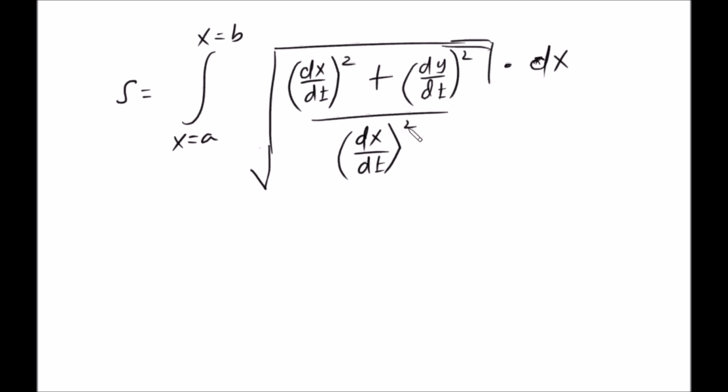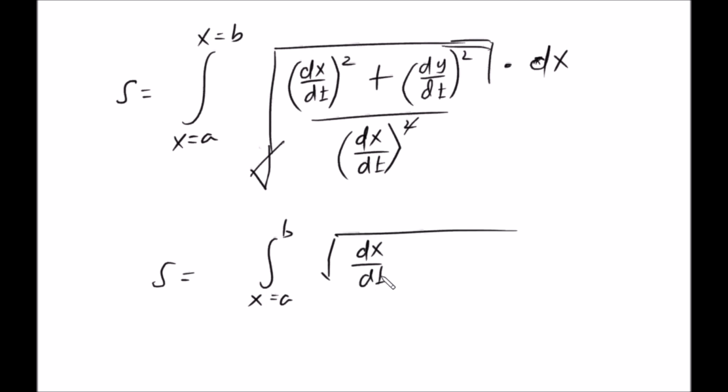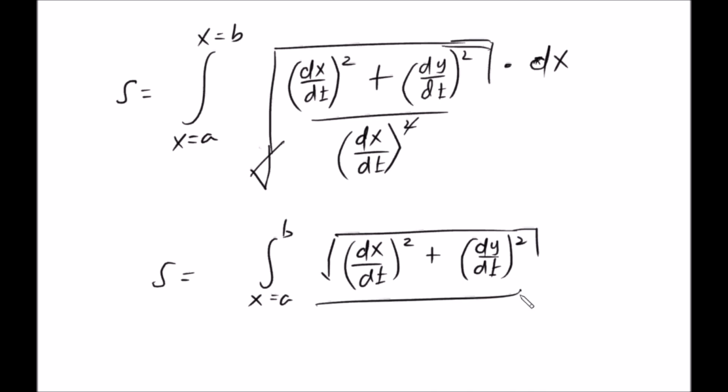Sasa umeona hii chini si square, manake square root ya square ni yenyewe. Kwa hiyo square root itabaki kwa juu tu, dx dt squared plus dy dt squared, chini atabaki dx dt without square root times dx.